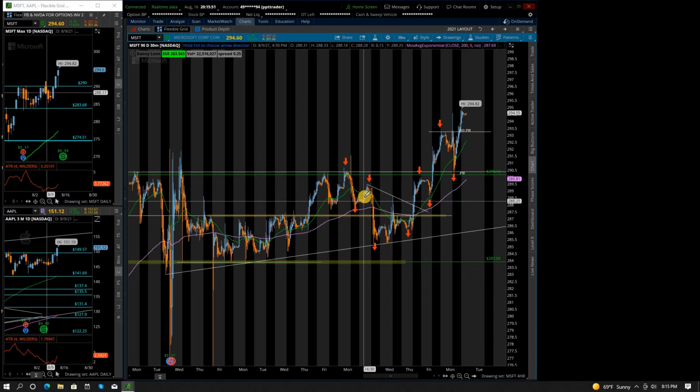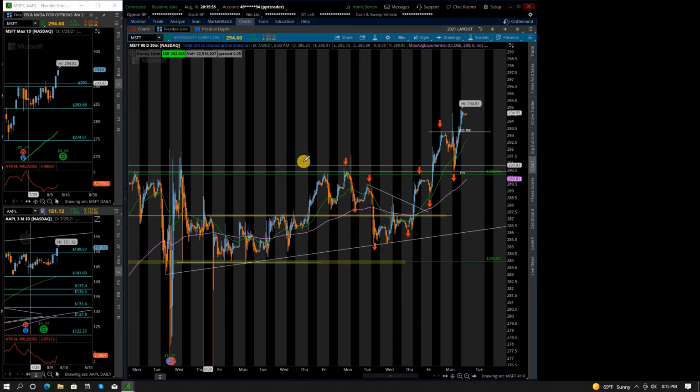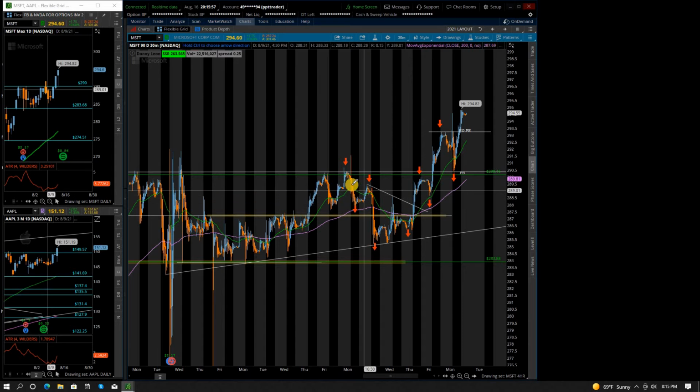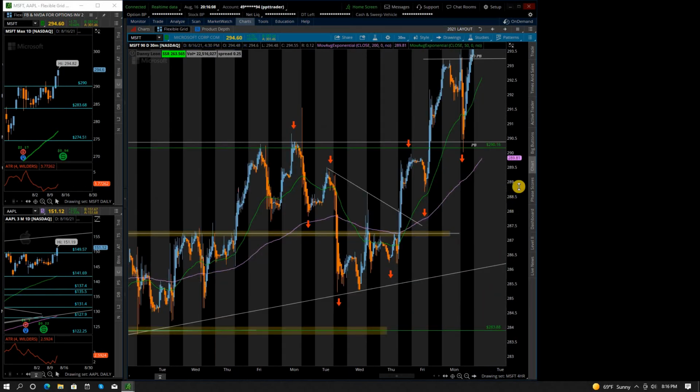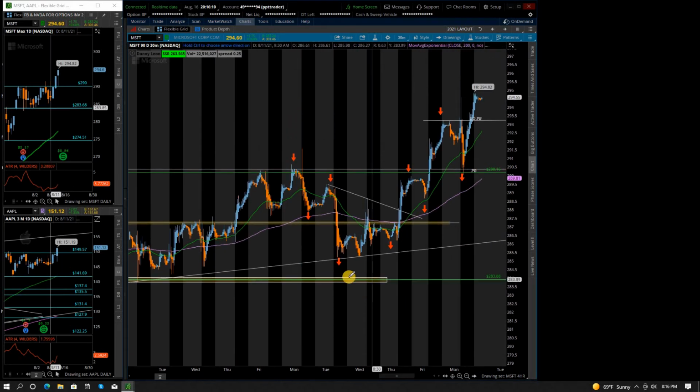So this is the pullback on the daily, and we're trying to avoid going long, at least here, until we see signs of longs getting involved.